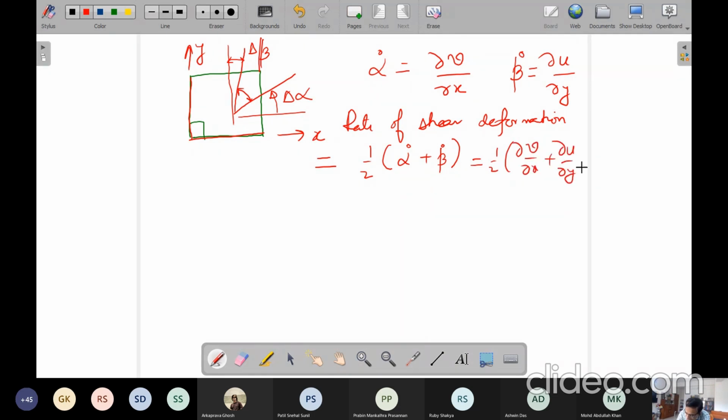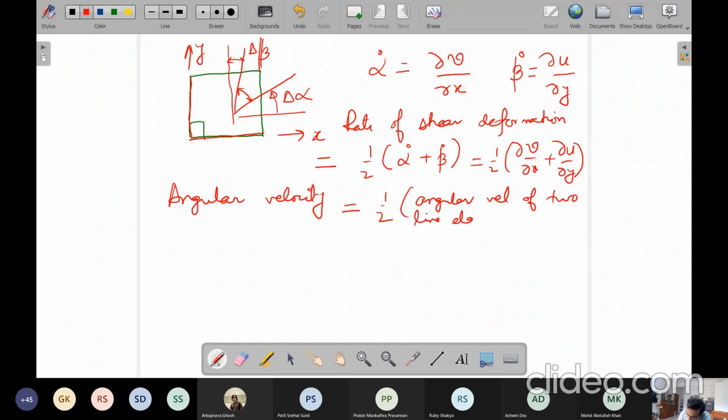and in terms of angular velocity, this is again the average of the angular velocities of two line elements that were originally perpendicular.